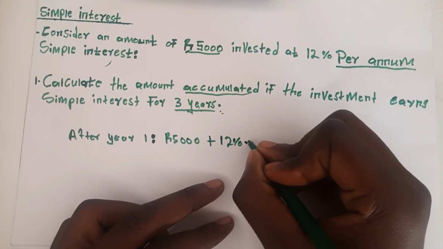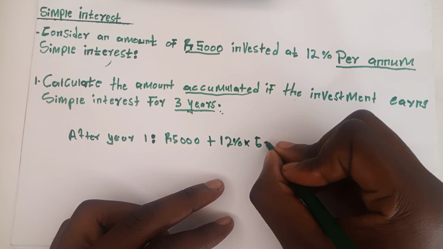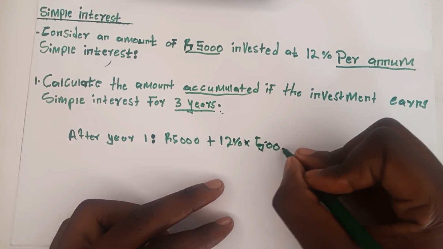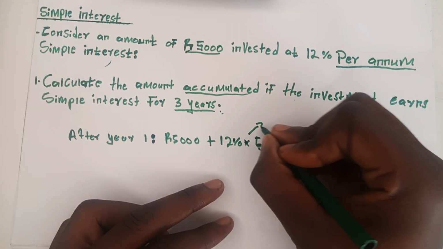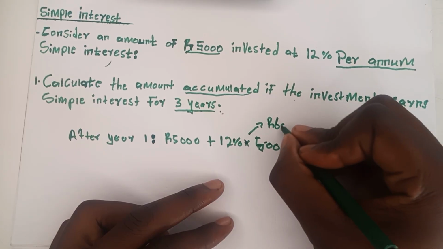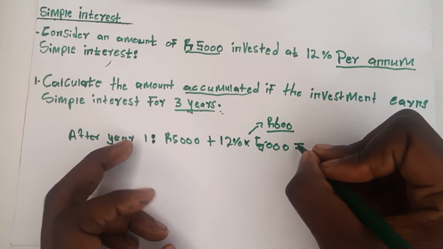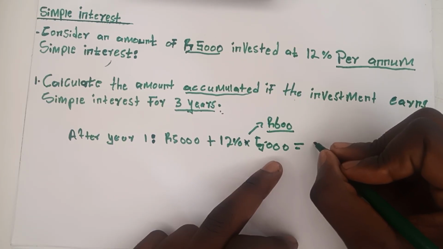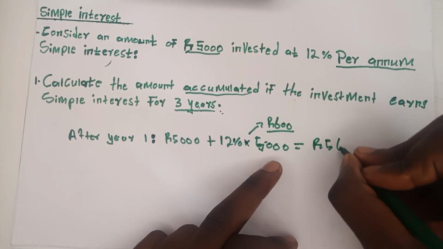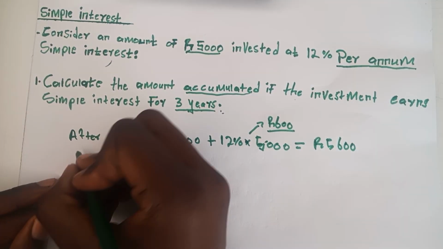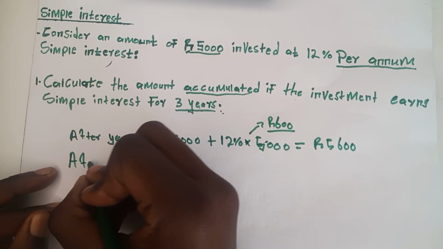So we multiply by 5,000 here, and this value gives us, I think, 600 rand. Meaning that they are going to add 600 rand, and after the first year, you are going to have 5,600.